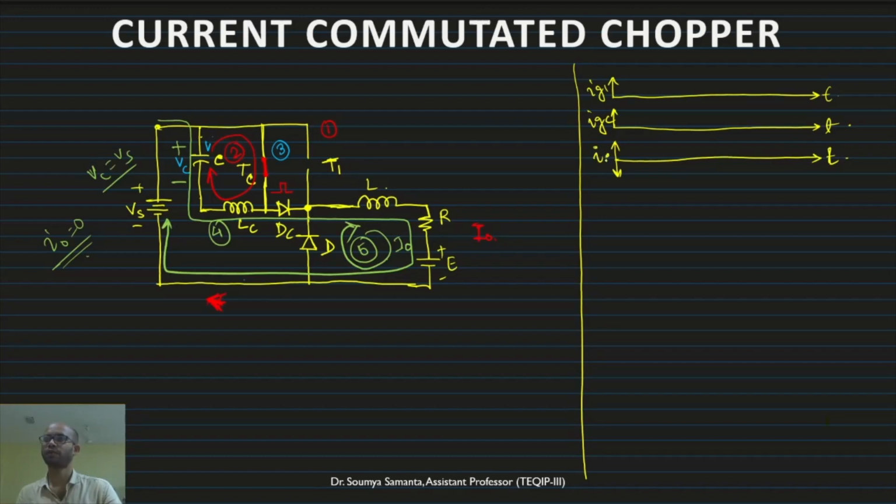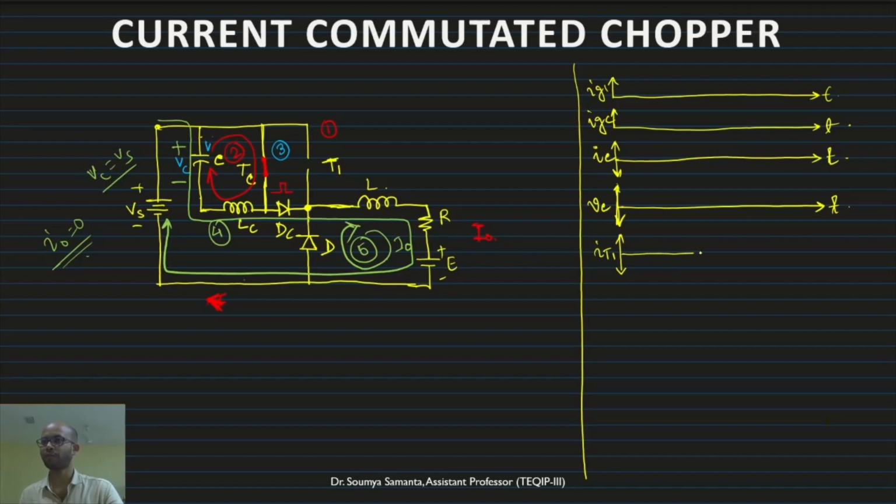First important one is IC, the capacitor current. The behavior of the capacitor current we have to first understand, and along with this we have to understand VC, the voltage across the capacitor. In addition, let us understand IT1.